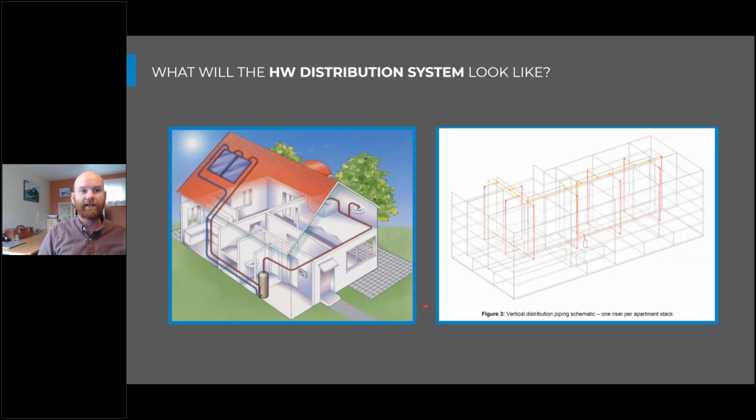And I highlighted this a little bit just a minute ago, but the first thing to understand and to work with your plumbing designer is, what is this hot water distribution system going to look like? Is it a single family home where we have a solar thermal hot water system here? We could pretend that's a heat pump for this analysis on the roof.